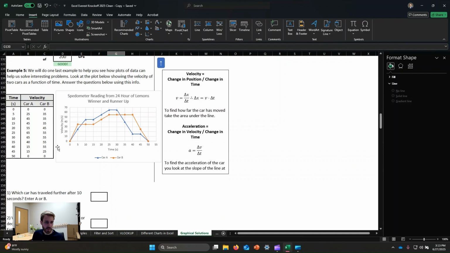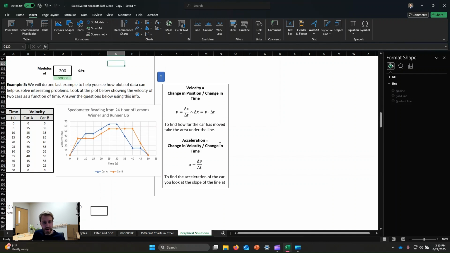Okay, finally, our last example is combining both of these concepts of area and slope. So if we had, say, a car race, and we've got two cars that are driving, and we have measured their velocity over time. So we know velocity at every second point in time.